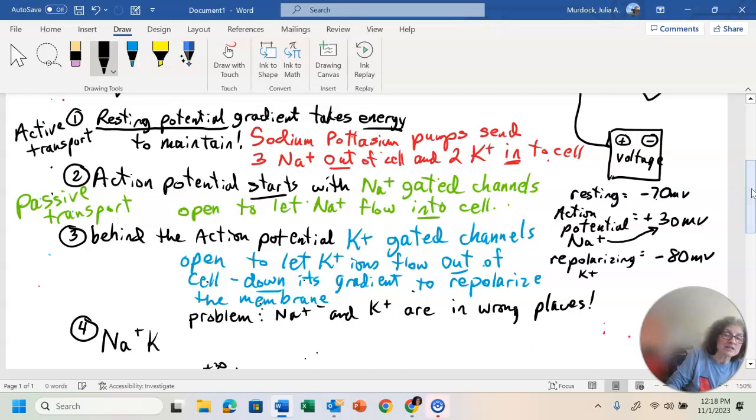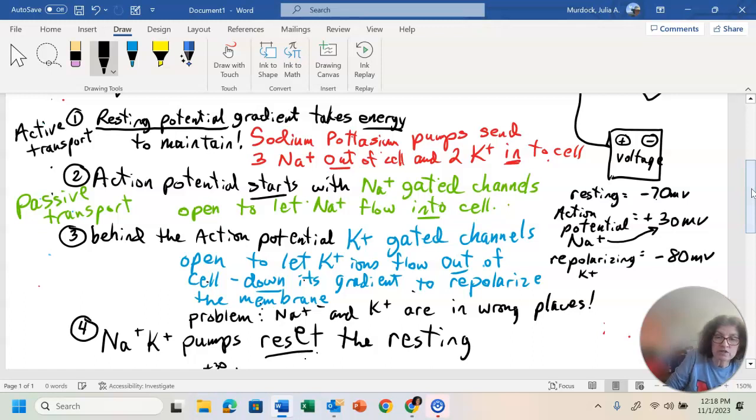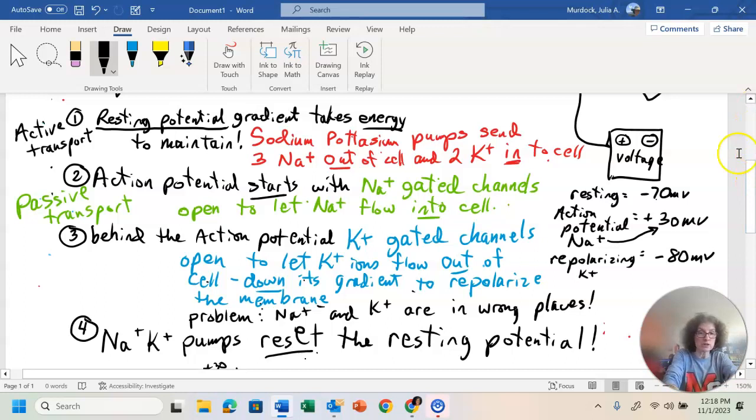The sodium-potassium pump is back to active transport, right? Reset the resting potential and put all of the potassiums and sodiums back where they need to go. Okay, and once again, they have to use energy to do that.